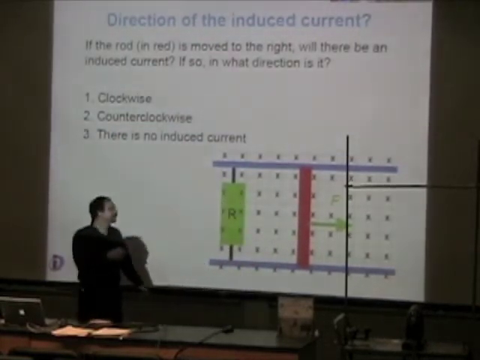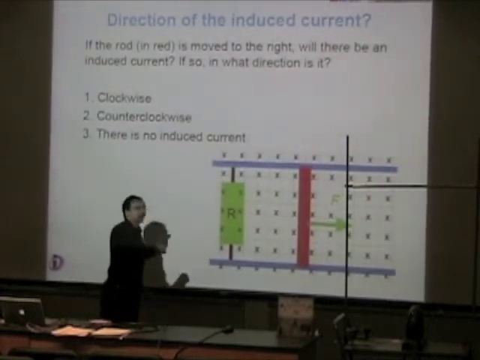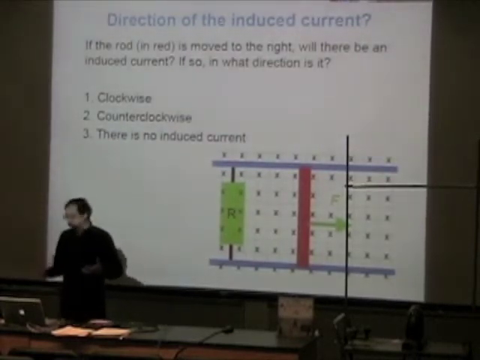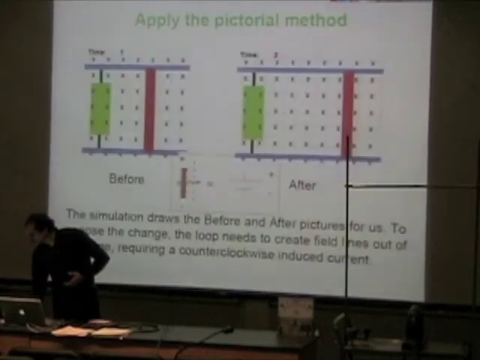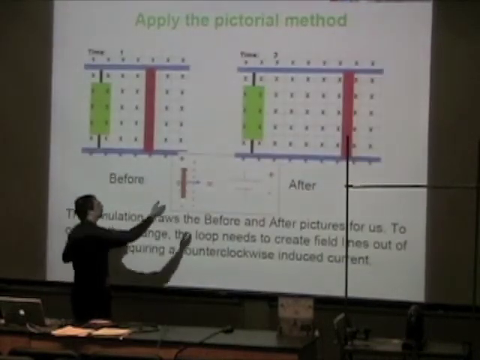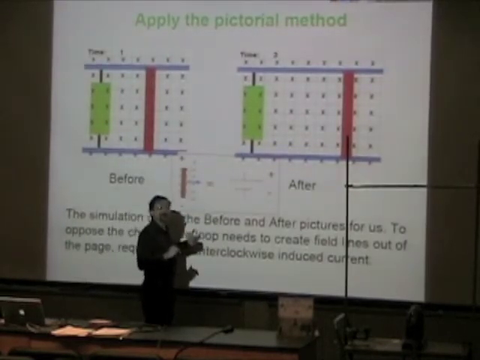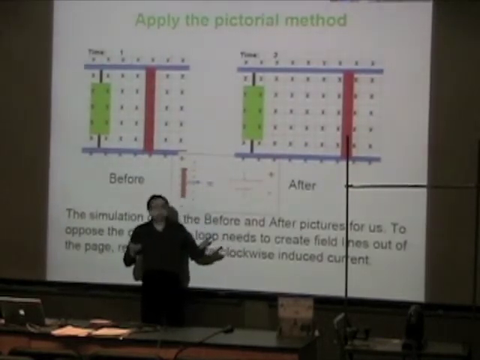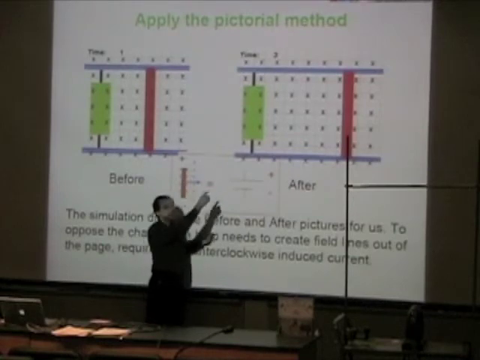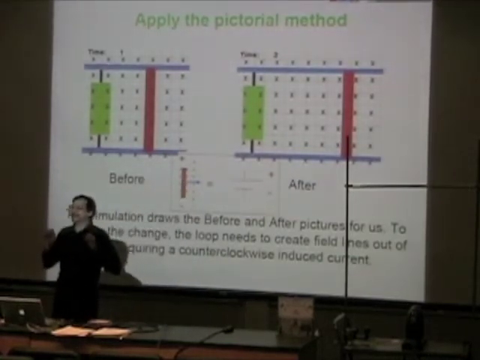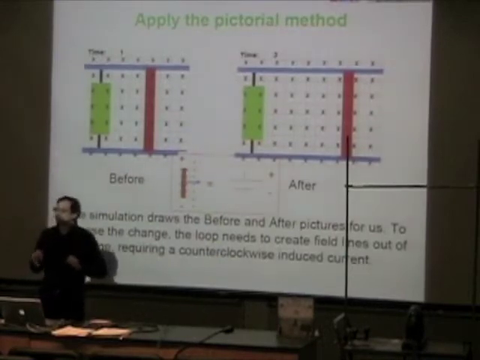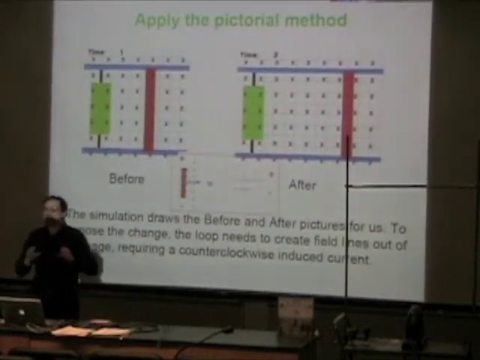In this situation, this rod just equals a battery, and the direction of this current would be counterclockwise, like in a regular circuit with a battery in it. And sometimes it's actually easier to think in terms of batteries than in terms of the pictures.